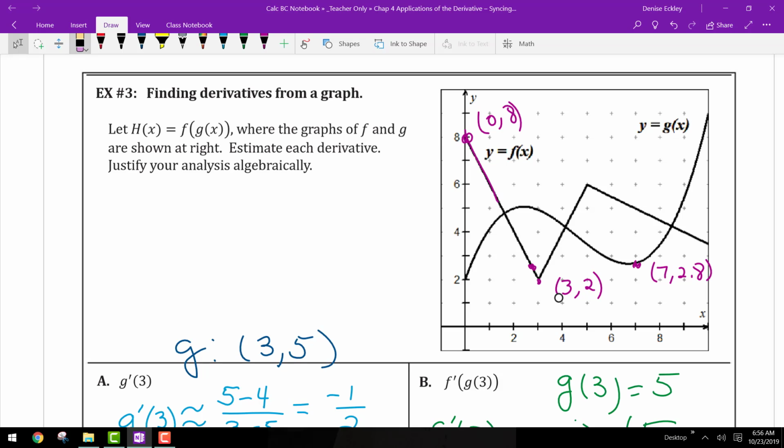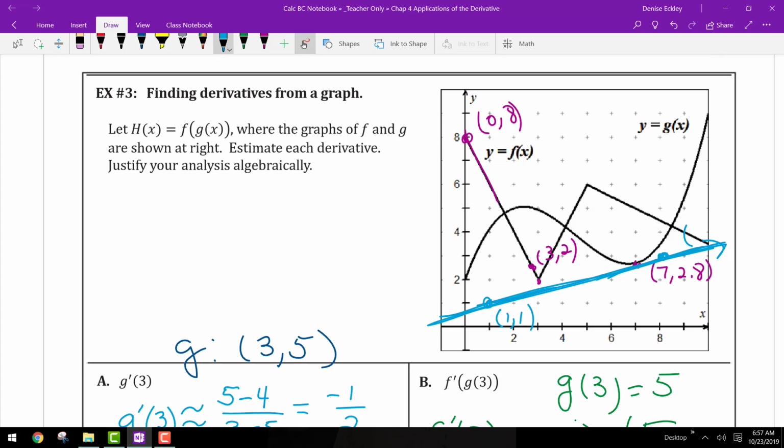Okay, now I have to draw a tangent line, and let me move this point out of the way here. Let me move it up here a little bit more because I'm going to go right through it for the tangent line. So for (7, 2.8), if I draw the tangent line here, not the best tangent line, I'm going to use this point right there, which is (1, 1). I can actually use this point because it's on the line and it's not a decimal.